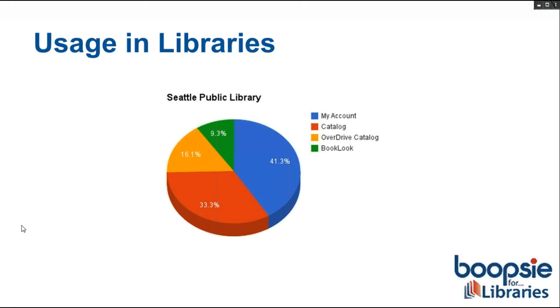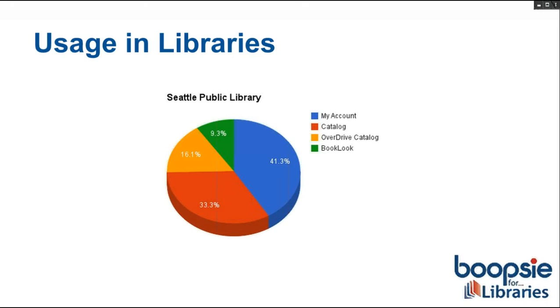I wanted to share the usage stats of BookLook in 3 of our bigger libraries and one smaller one, a new customer in 2013. The Seattle Public Library mobile app had about 40,000 total unique users last year, and over 7,000 of them actually used BookLook, and they used it tens of thousands of times. That's over 7,000 unique different patrons who may have checked out books from the Seattle Public Library instead of purchasing them at a bookstore.